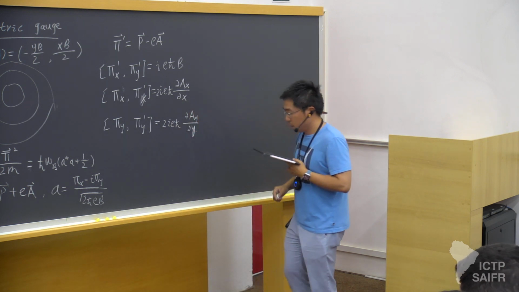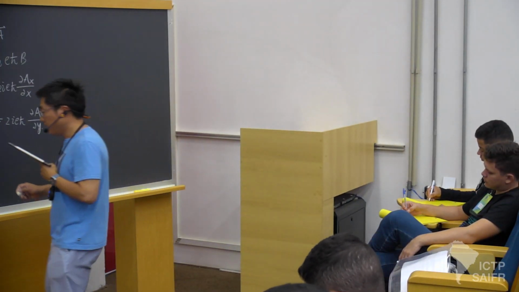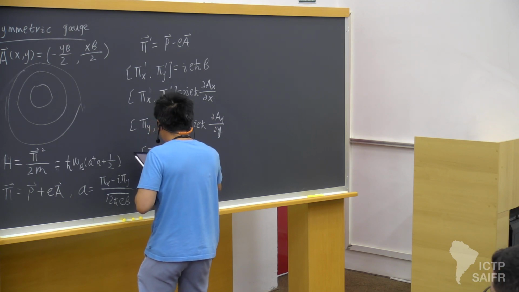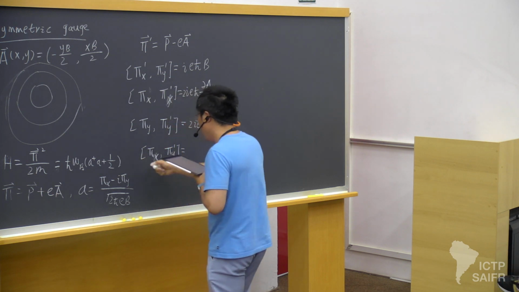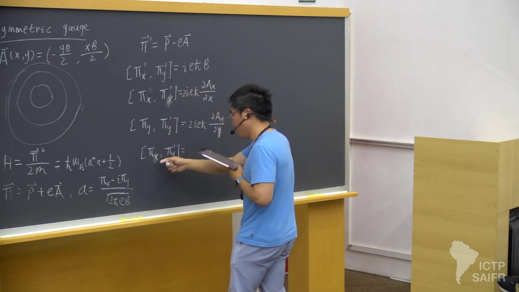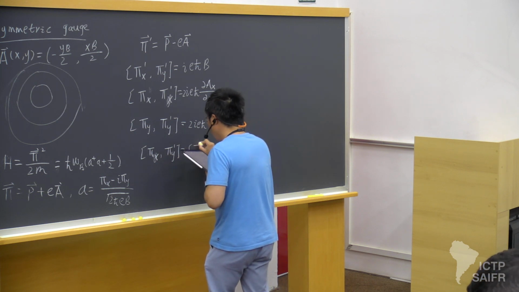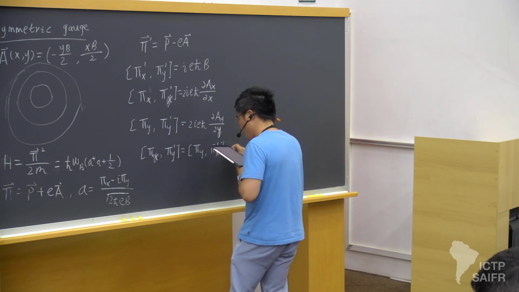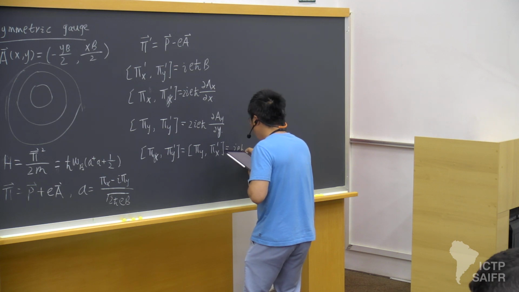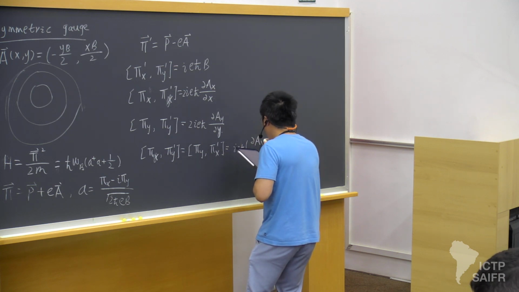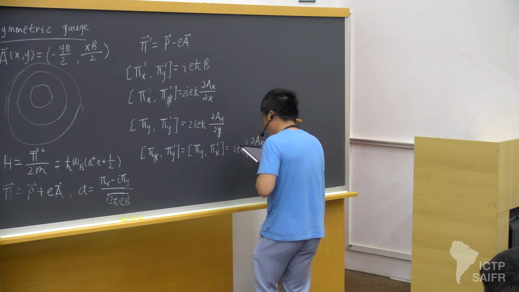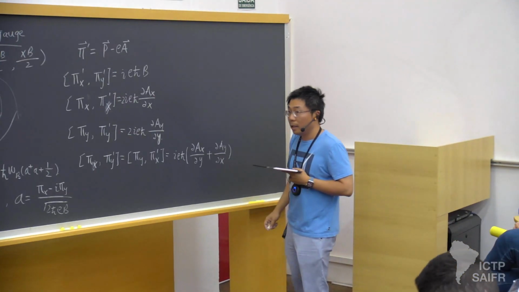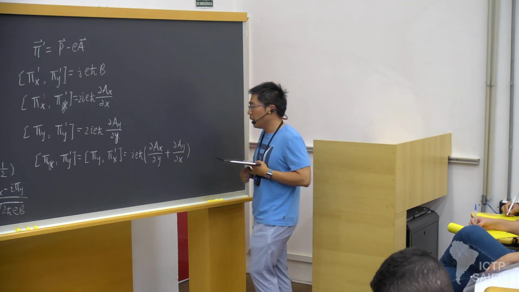Okay, and the last commutation that I have is the commutator between pi x and pi y prime, which will be the same as the commutator between pi y and pi x prime, which will be proportional to partial A x over partial y plus partial A y over partial x. Right, you can do this in the exercise.